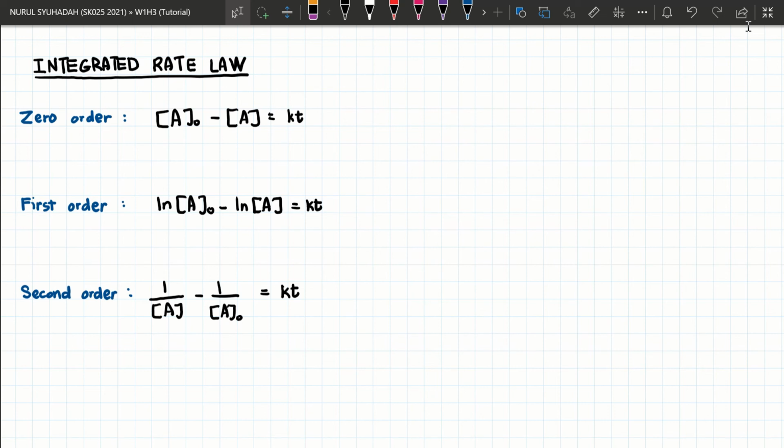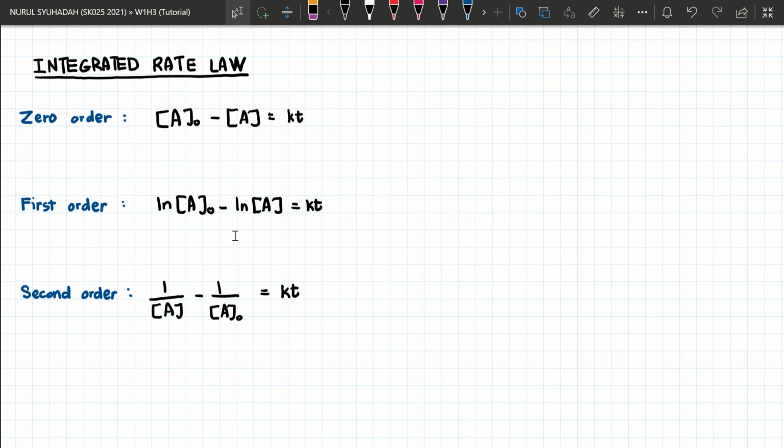Since it's a linear graph method, our target here is to get a linear graph. Once we get a linear graph, then we know that is the order of reaction. For each order of reaction, you will need to plot a different graph to determine whether you get a linear graph or not.